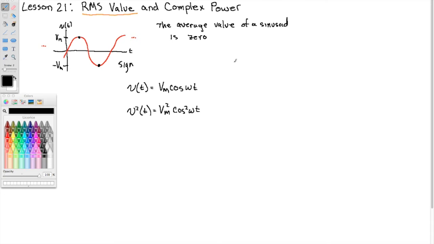Now when we square it, we get something that looks like this.